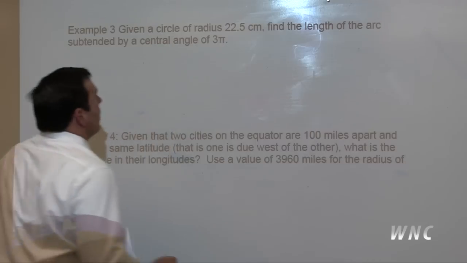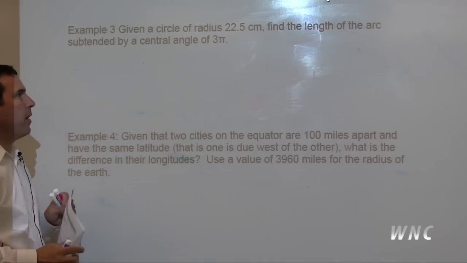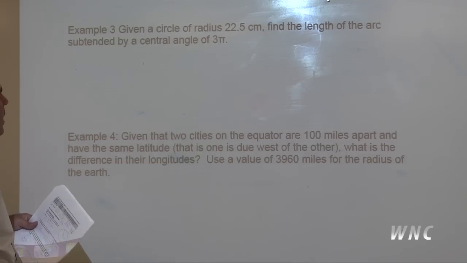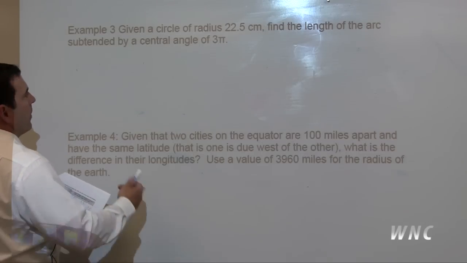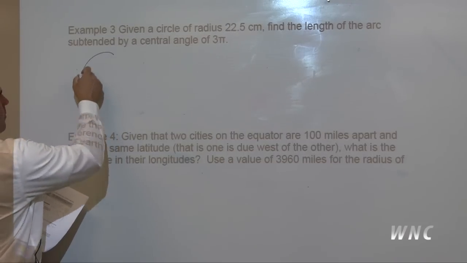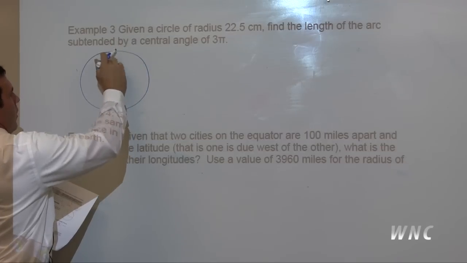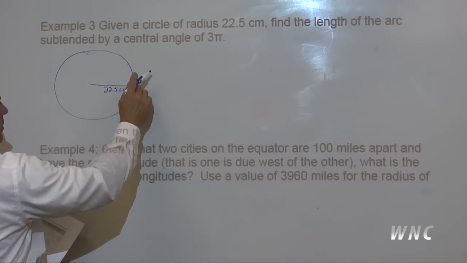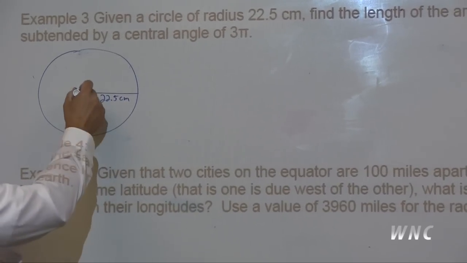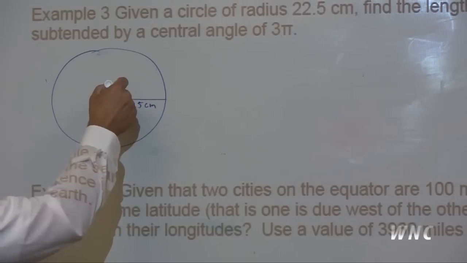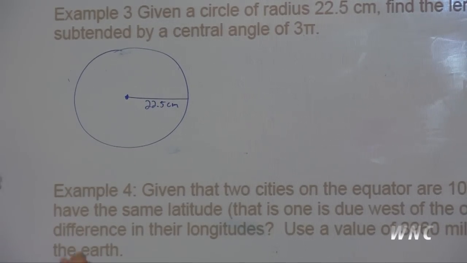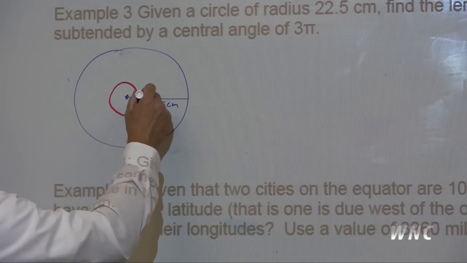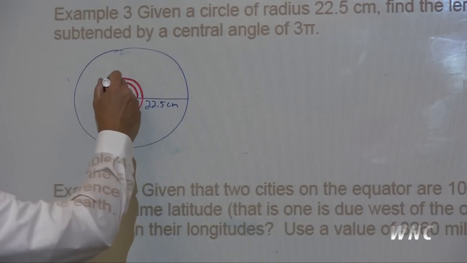Okay, given a circle of radius 22.5 centimeters, find the length of the arc subtended by a central angle of 3 pi. Okay, so circle, our radius is 22.5 centimeters. Now, we talked before that 2 pi was one full time around. Go around a complete time, that's 2 pi. We're going 3 pi, so that's one time further.